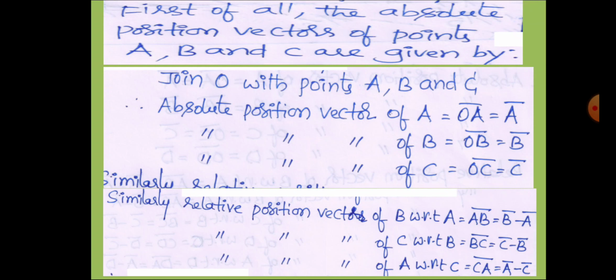Then only it is called relative. In case of absolute position vectors, there are only A bar, B bar, C bar, with respect to the origin, if I join all the points. If I just subtract two absolute position vectors, I am going to get relative position vectors. AB bar is B bar minus A bar.